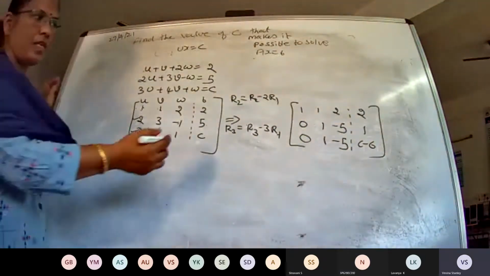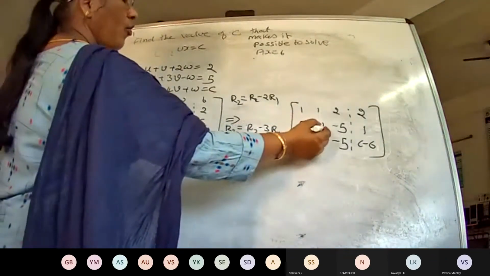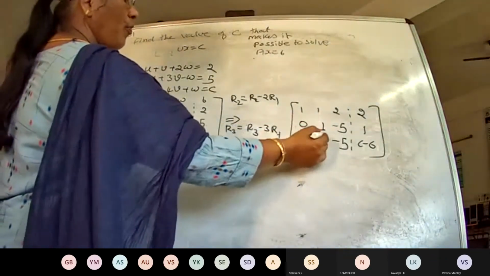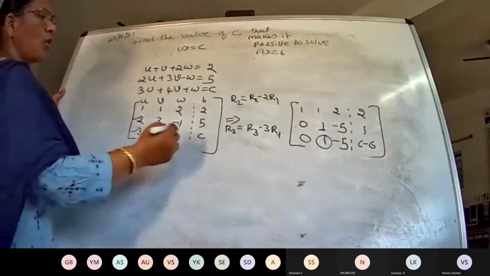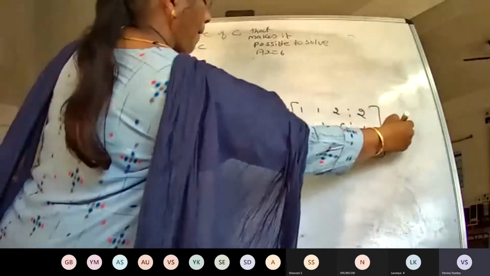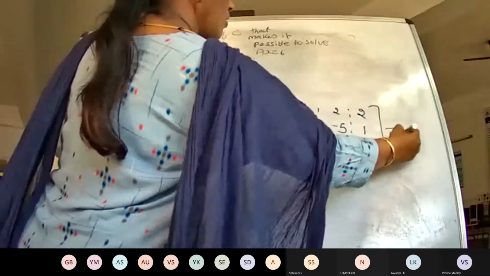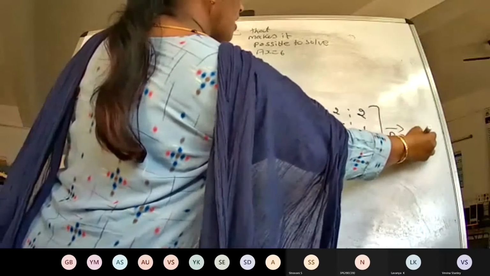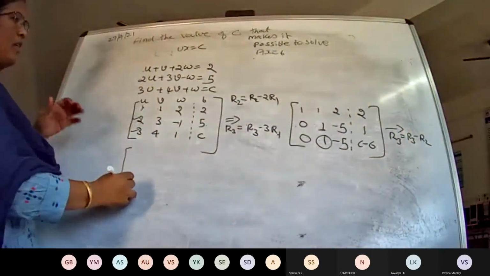Yes, ma'am. So now your second row, first non-zero is this one. Below that you make this equal to 0. So to make that equal to 0, what can I apply? R3 minus R2, ma'am. Just R3 equals R3 minus R2, right?